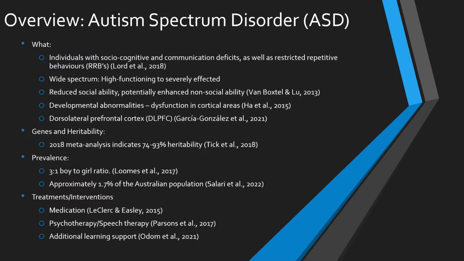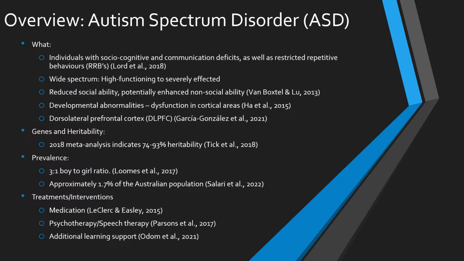Autism is a wide spectrum comprising high-functioning individuals to severely affected individuals with strong behavioral and communication deficits. Interestingly, those with higher levels of autistic traits sometimes appear to have reduced identification of social stimuli, but enhanced identification of non-social stimuli compared to neuronormative individuals.